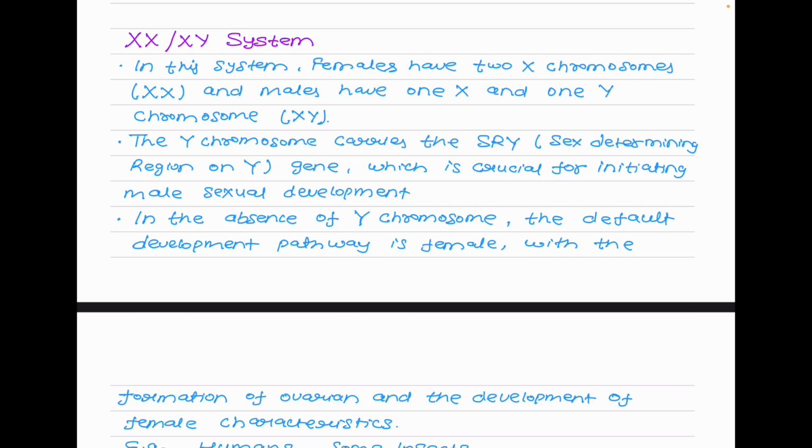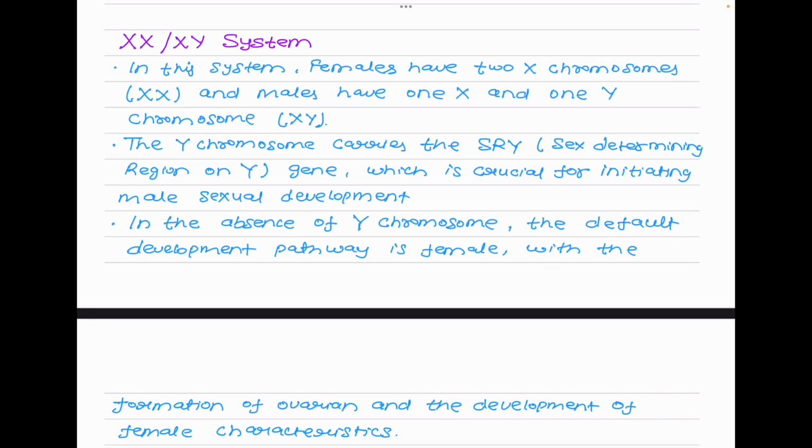The key player here is the SRY gene on the Y chromosome, that is, sex determining region on Y, which initiates the development of male characteristics. In the absence of the Y chromosome, the default development pathway is female, with the formation of ovaries and the development of female characteristics. This system is found in humans and many insects.